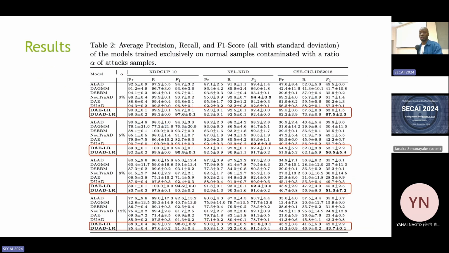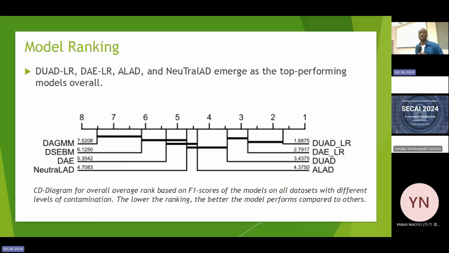I think I've already talked about this, and we've also run a statistical test after doing all the experiments with all the contamination ratios. Here we can clearly see that having the constrained latent representation has helped the GUAD and autoencoder model to perform well, so they are ranked at the top of all the other models.